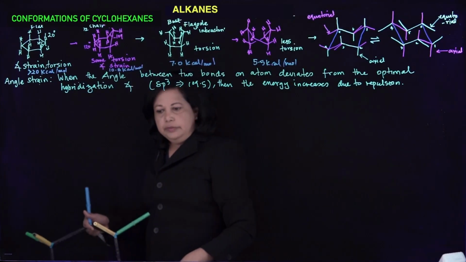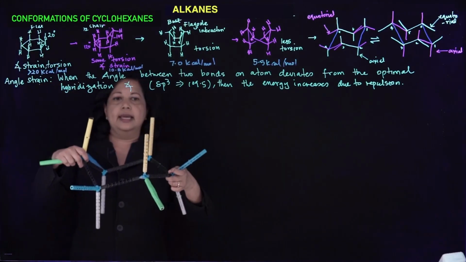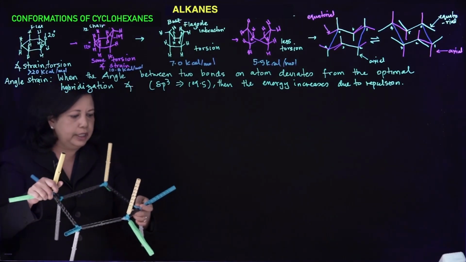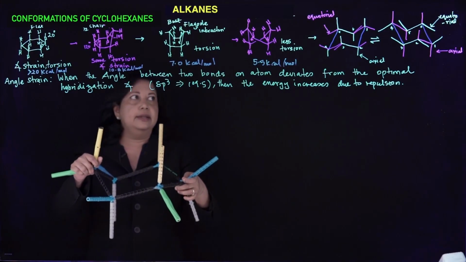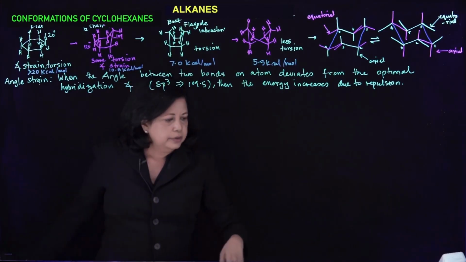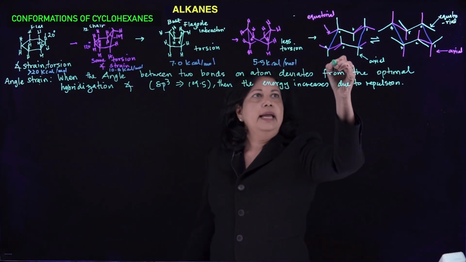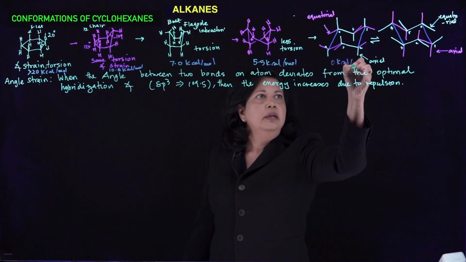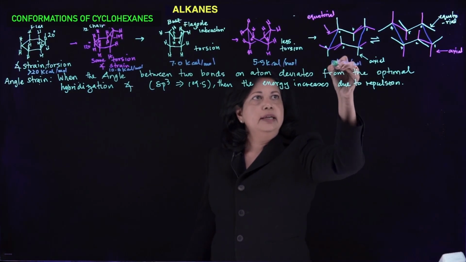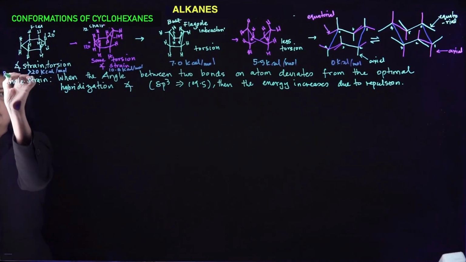So now that we know how to draw our axial and equatorial, let's put some stuff on here and then see how stable they are. So here, the chair is about 0 kcal per mole potential energy. This is the potential energy increase due to the non-bonding interaction.